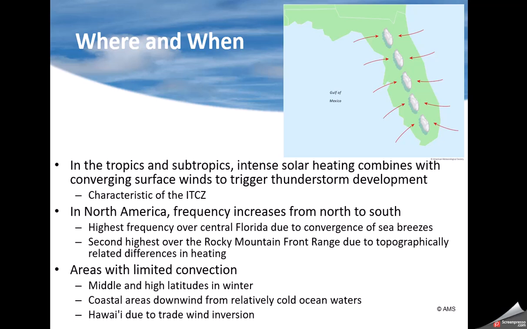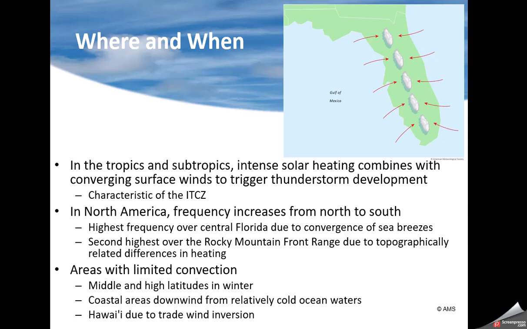So you would think, oh, well, I've got a tropical island out in Hawaii, in the middle of very warm ocean temperatures. It's an island, so yes, we have sea breezes on all sides. We even have mountains there. So why isn't that the same as Florida? Well, the reason is that it is literally in the tropics, where there is a trade wind inversion.